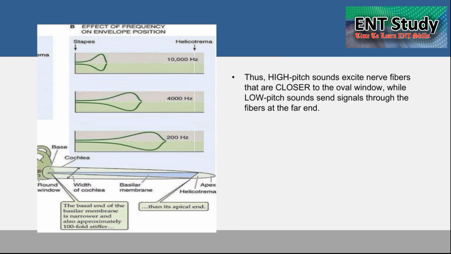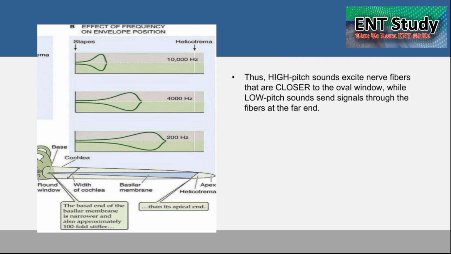How does the basilar membrane respond differently to different frequencies? This is related to the structure of the basilar membrane. The basal end of the basilar membrane is narrower and stiffer as compared to the apical end, which is wider and more flexible.